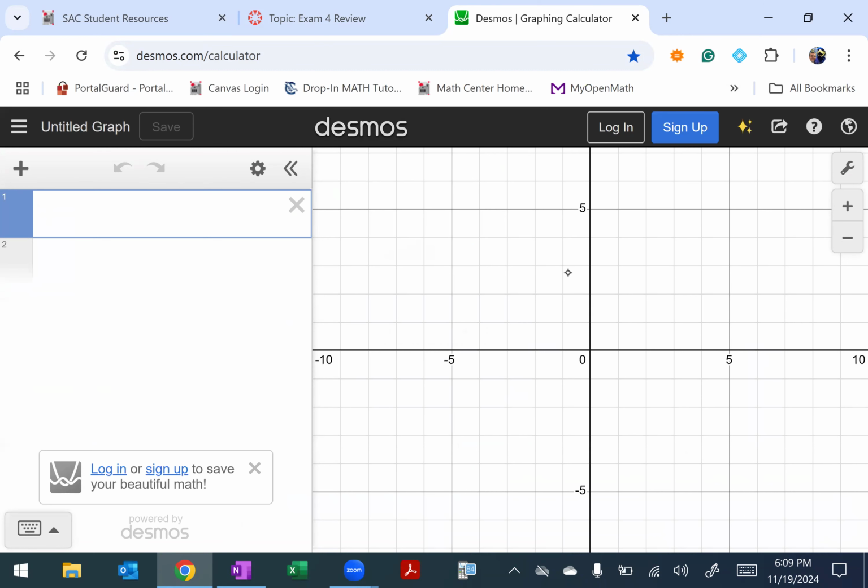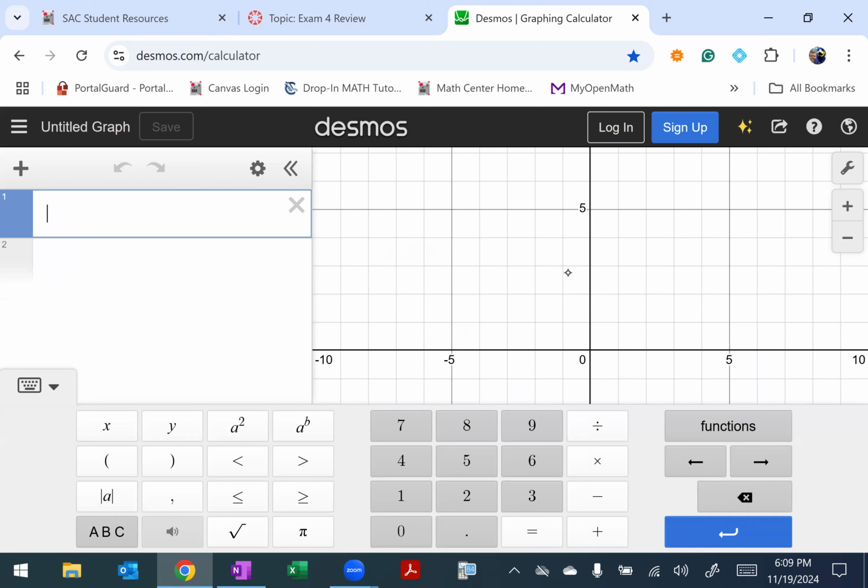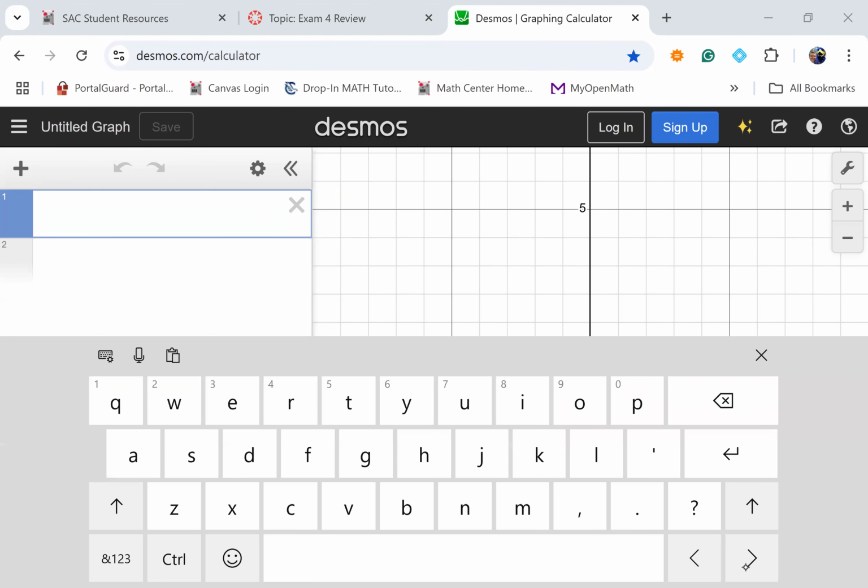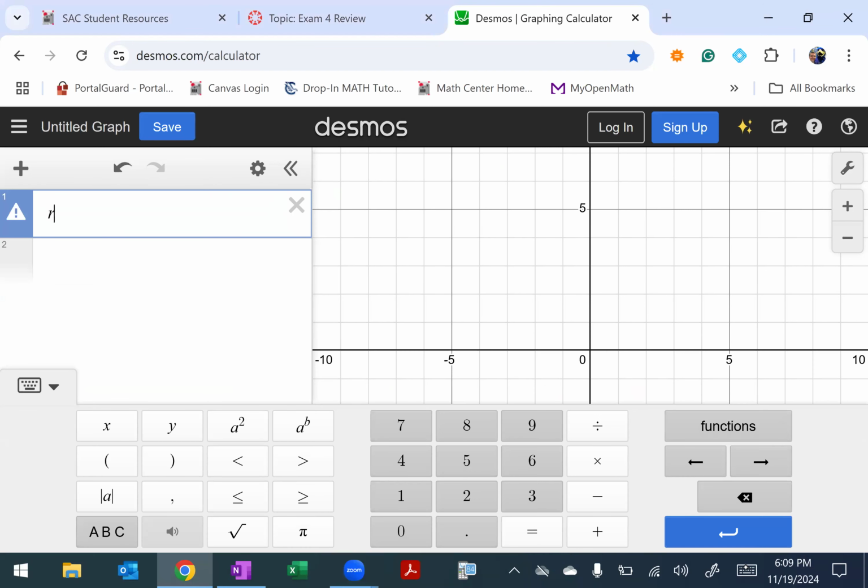So if I type in r, oops, I didn't want capital R, I want lowercase r. r is equal to 1 plus the sine of theta.